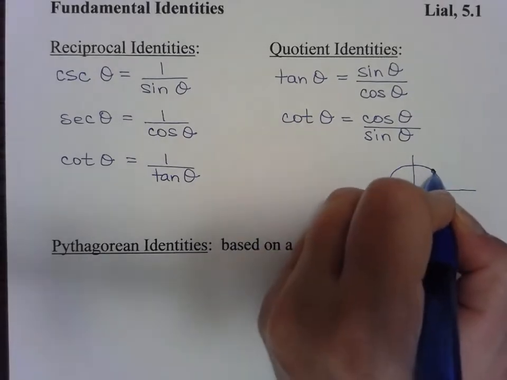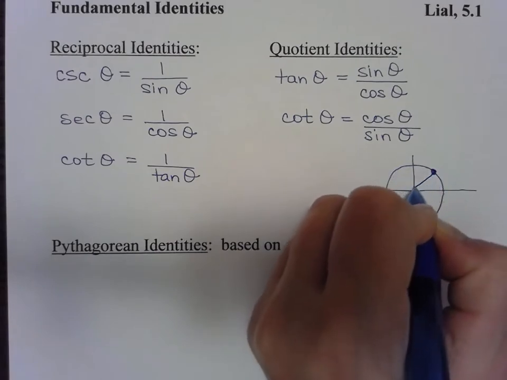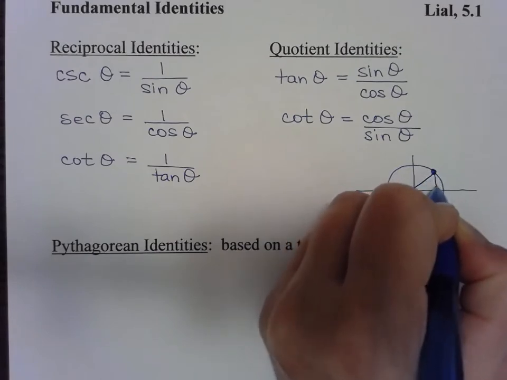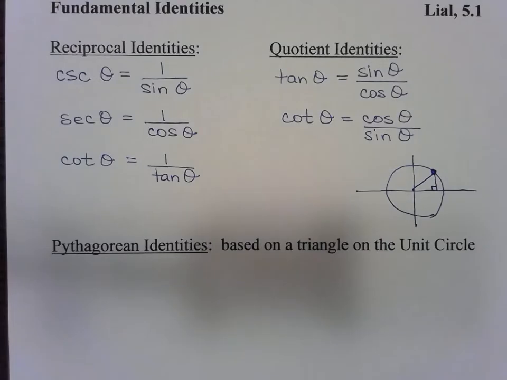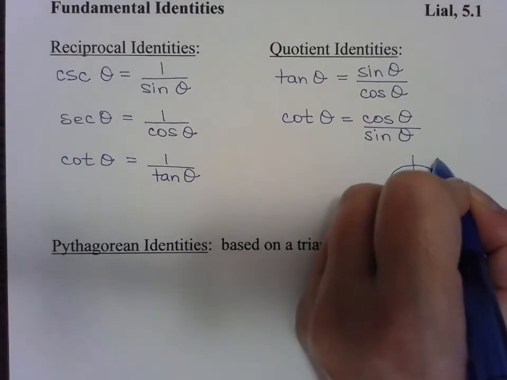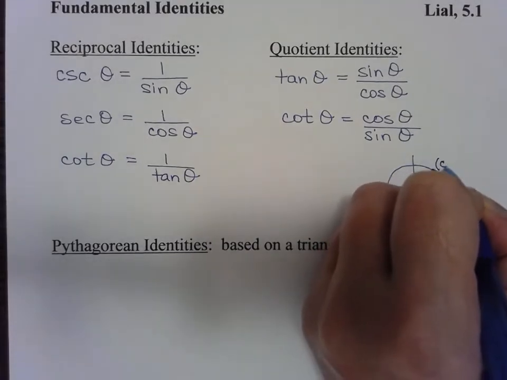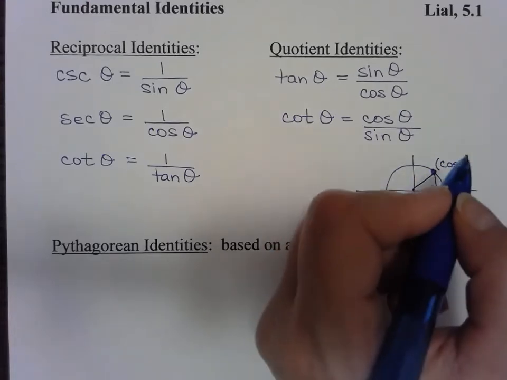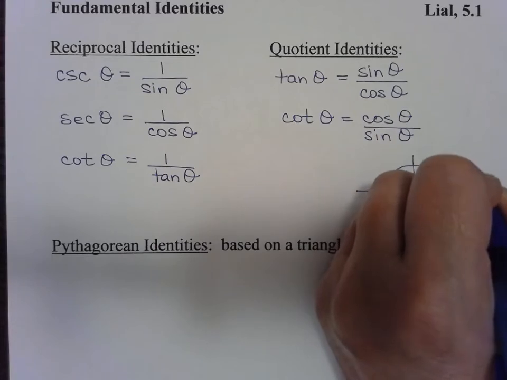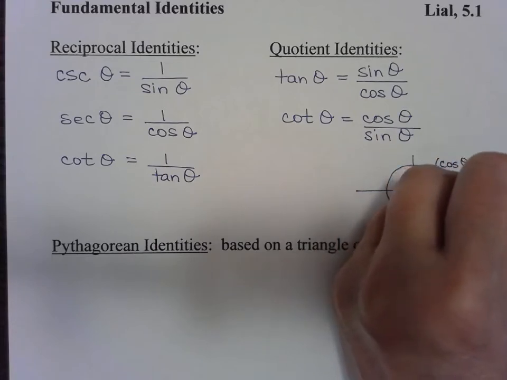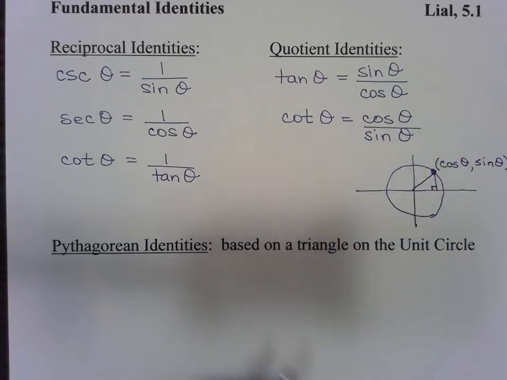If I were to pick a point on the unit circle and drop a perpendicular here, the x value would be the cosine of the angle. I'll keep using theta, and the y value would be the sine of the angle.